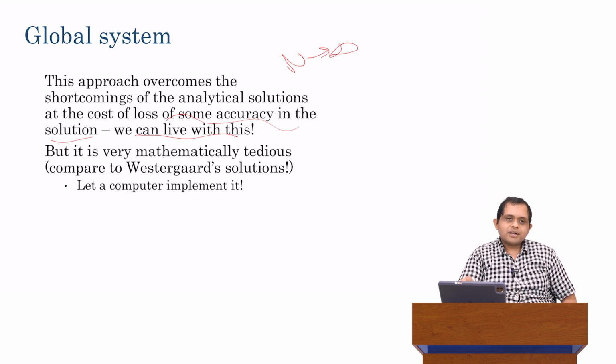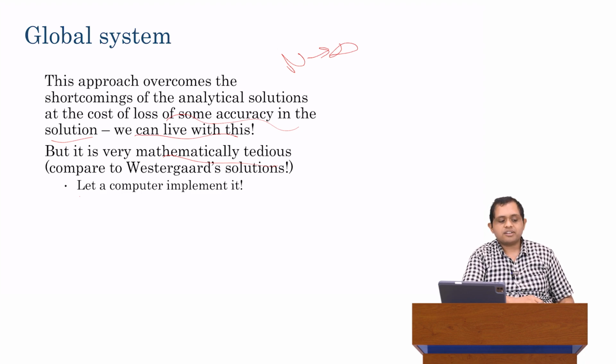The other disadvantage of this approach is, as I've been pointing out, it's mathematically quite tedious. Again, you may want to go back to the original lectures where we started in module 2, where we looked at Westergaard theory, Friberg's equation, etc. You might be a little bit nostalgic because those were so easy. Those were some simple equations where you could plug in values, and I showed you how to plug in the values. Mostly you had to be careful of units, that was it.